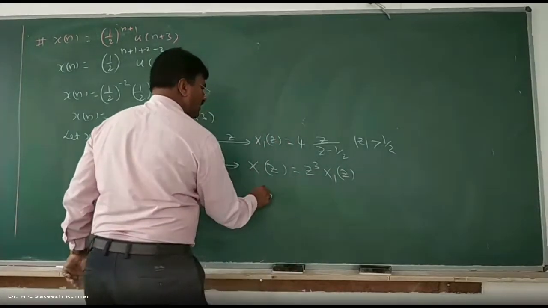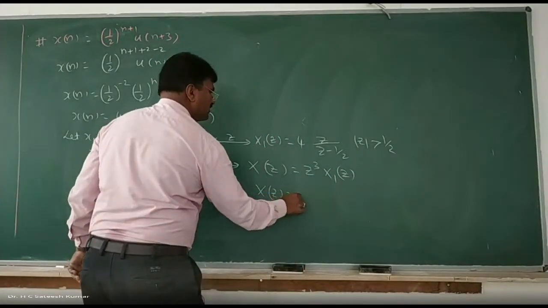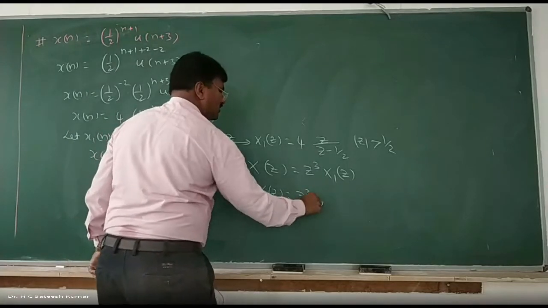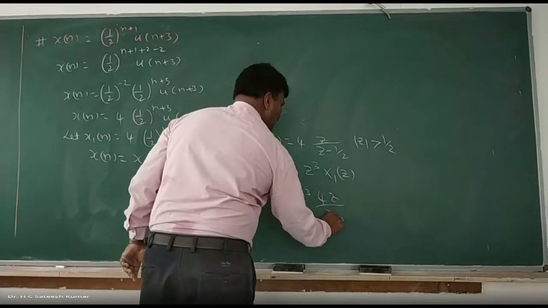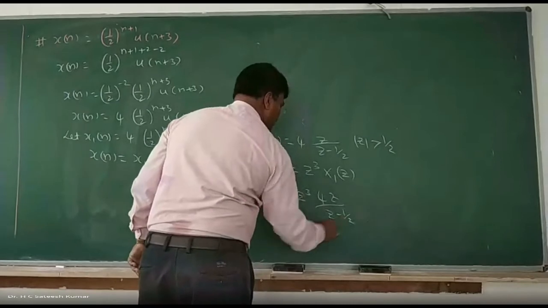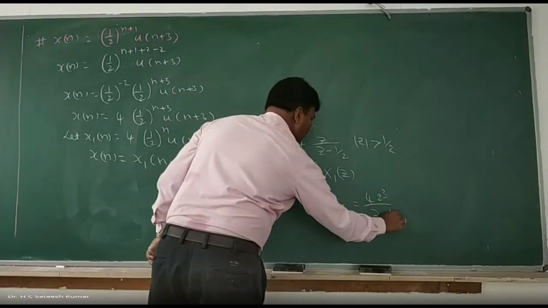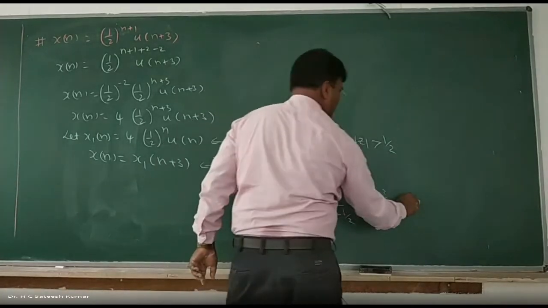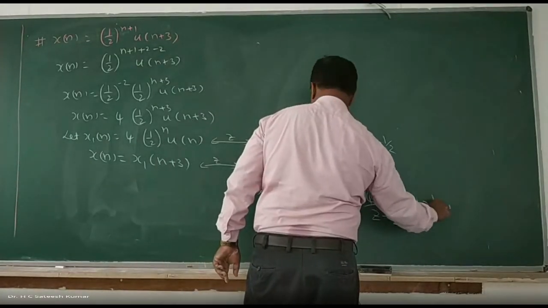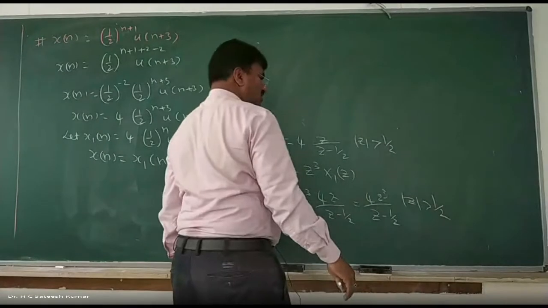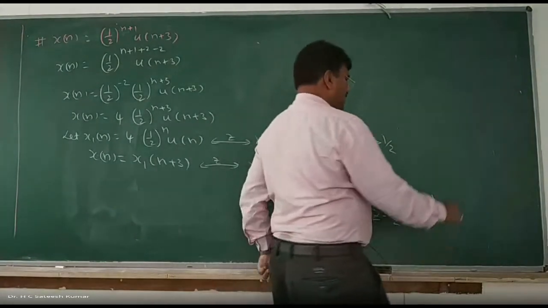So therefore, X of z is equal to z cube into x1 of z, which is equal to 4z cube divided by z minus half, with ROC mod z greater than half. Time shift property, there is no change in the ROC, it remains same.